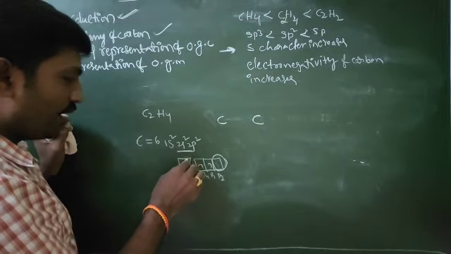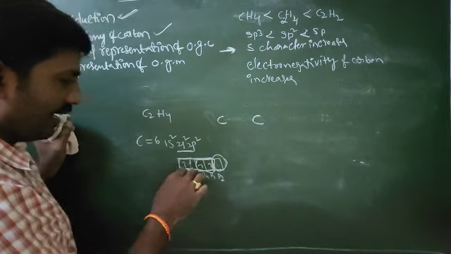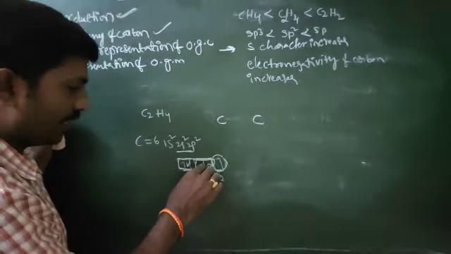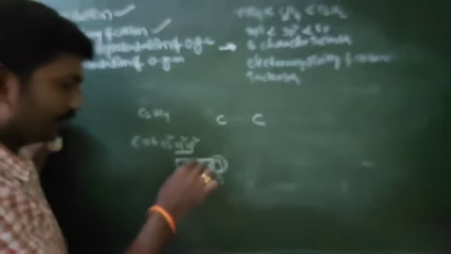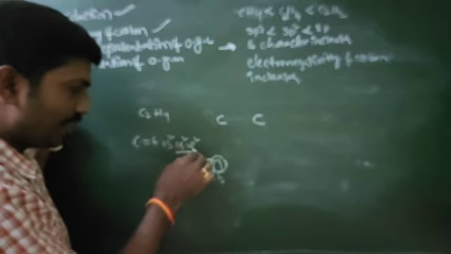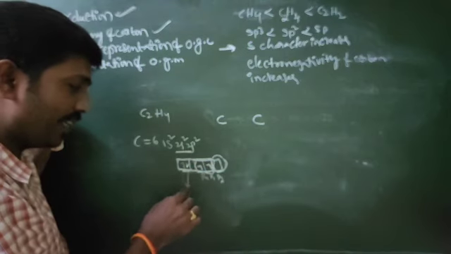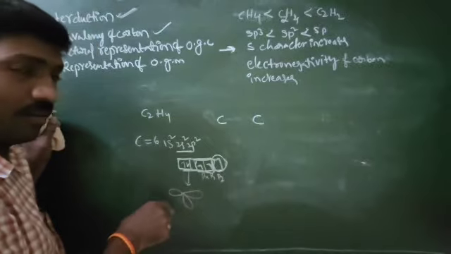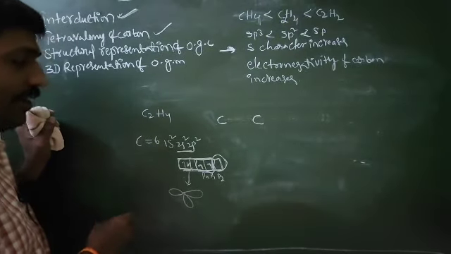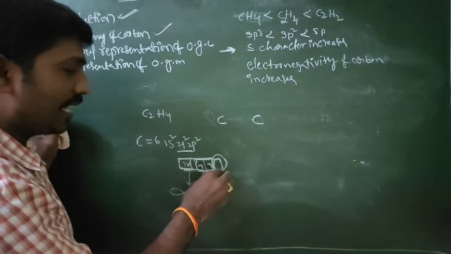That means 1 s orbital and 2 p orbitals, these 3 intermix. The 1 s orbital and 2 p orbitals intermixing will form a total of 3 hybrid orbitals, but one p orbital is not involved.